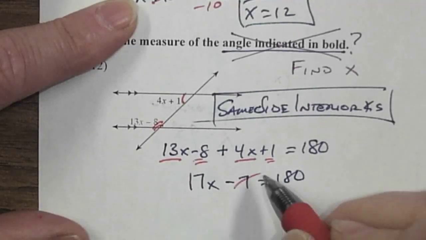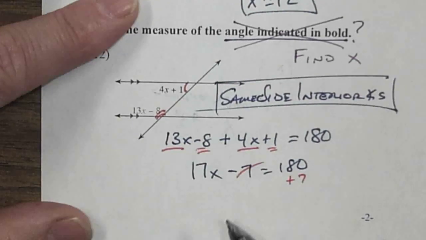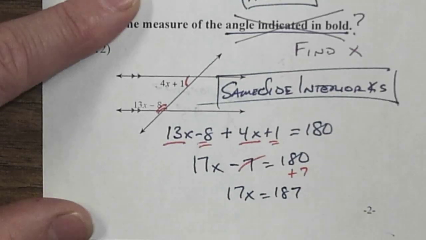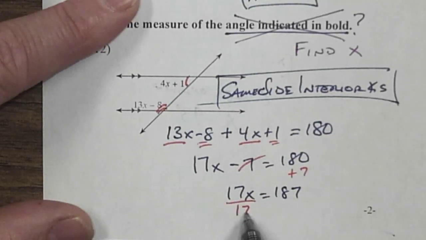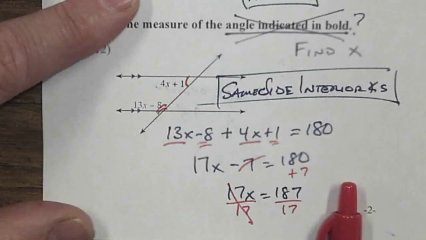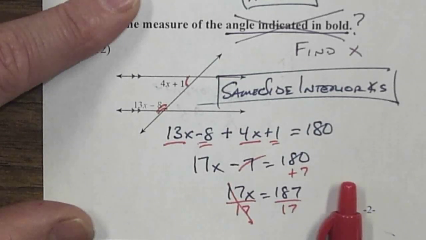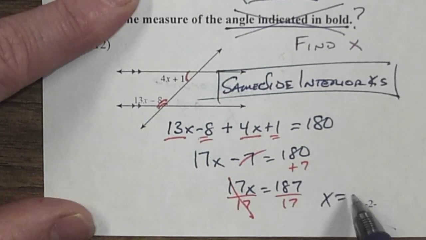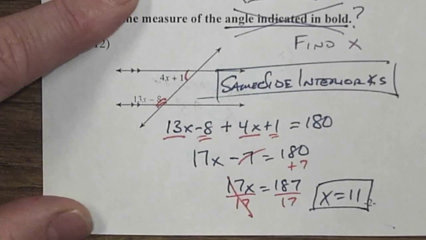Then we add 7 over here, and then we divide by 17. I don't know, 187 divided by 17, 11. X is 11. So that's kind of where I want you to go.